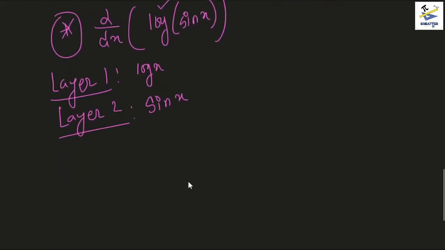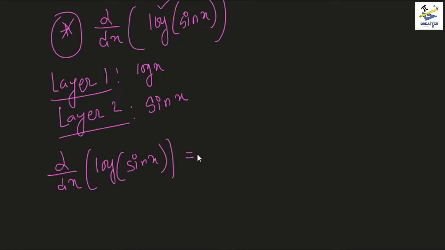Now the answer can be written directly if we have that in mind, because we differentiate one by one and we keep on doing that until we reach the inner bottom where x is present. So d/dx of log of sin x is simply equal to, firstly we do the d/dx of log x, which is 1 by sin x, and then we do the differentiation of sin x, which is cos x, right?